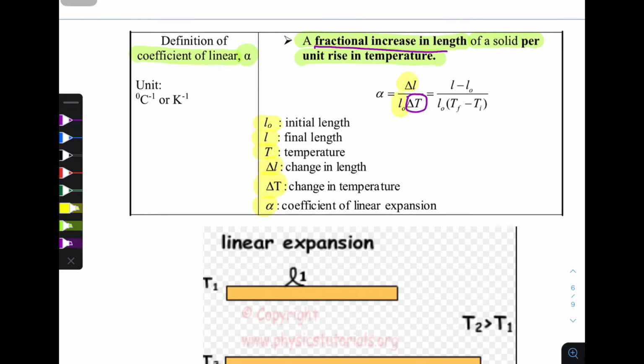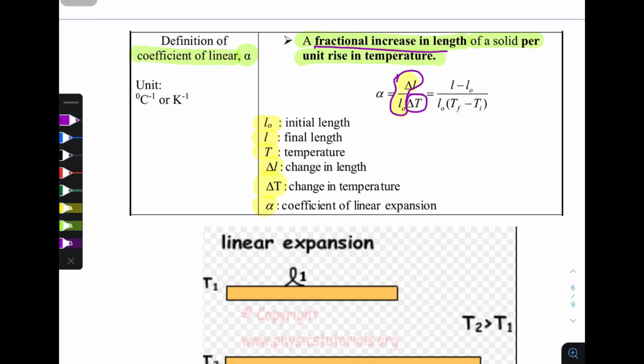Okey, untuk unit, memandangkan kita ada dekat sini adalah delta L over L0. Maksudnya unitnya kalau meter lah, kamu akan dapat meter di atas ni akan cancel dengan meter di bawah. Yang tinggal apa? Kamu ada 1 per delta T. Kan?